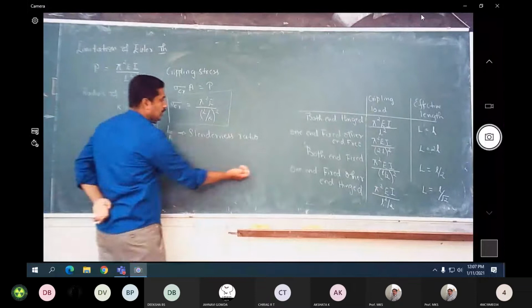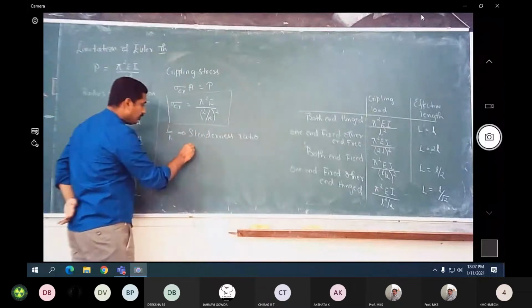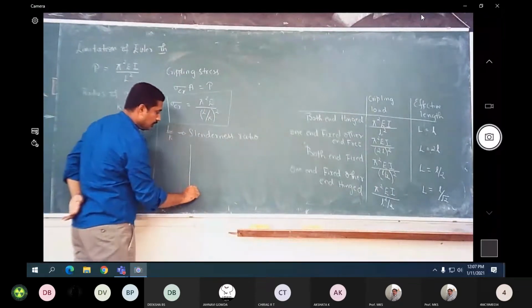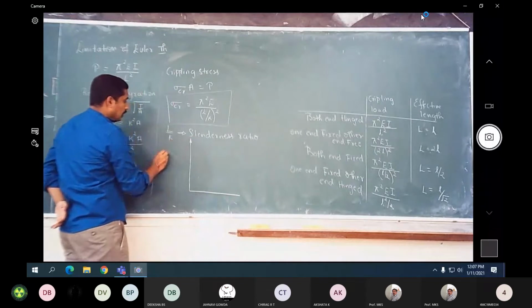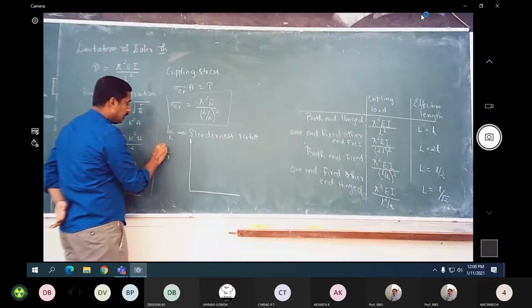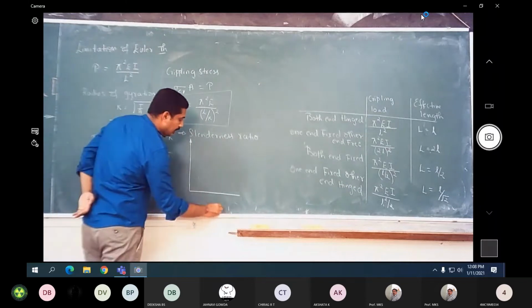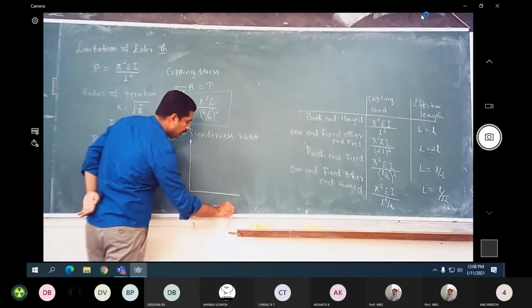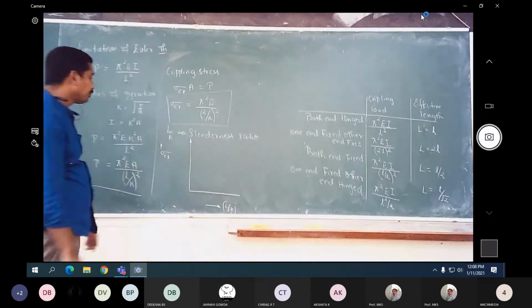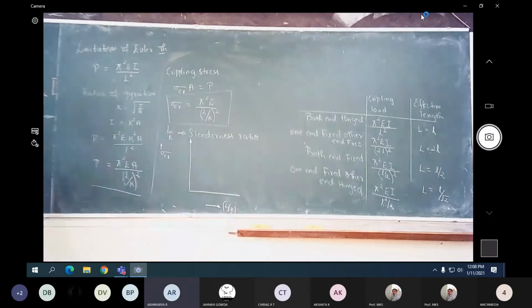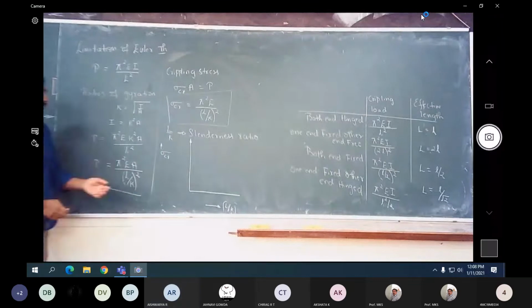If I represent that in a graph, sigma CR, the crippling stress, is on the y axis, and the slenderness ratio L by K is on the x axis.